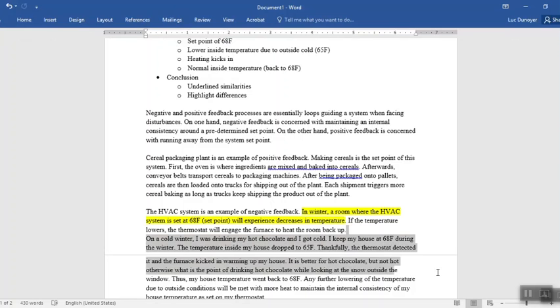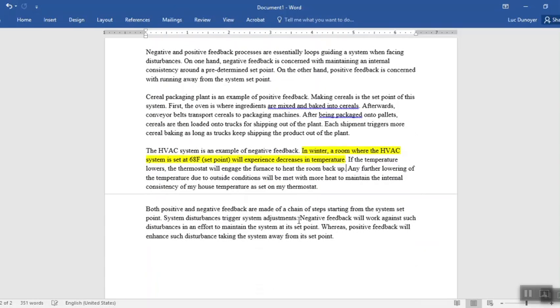So let's go back to our paragraph here. Yeah, okay, we covered all that. So I have no hot chocolate anymore. And then we're just going to focus on the further lowering of the temperature. The outside condition will be met with more heat to maintain the internal consistency of my house temperature I set on my thermostat. It's way more about the system right now.